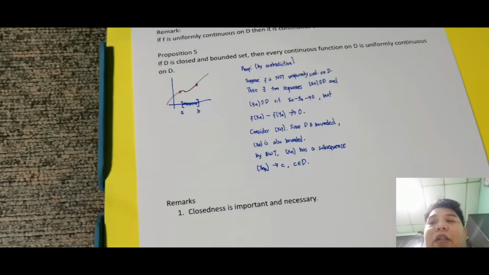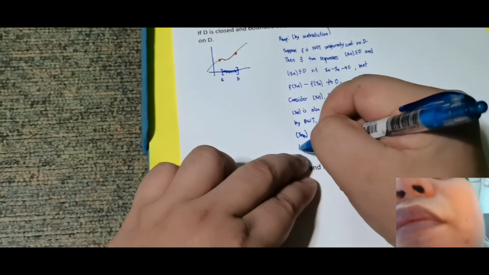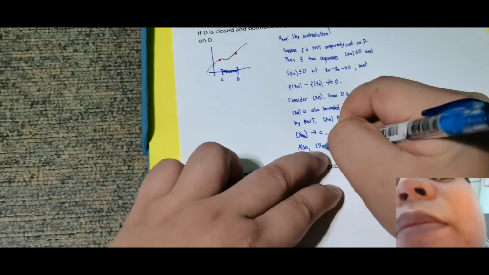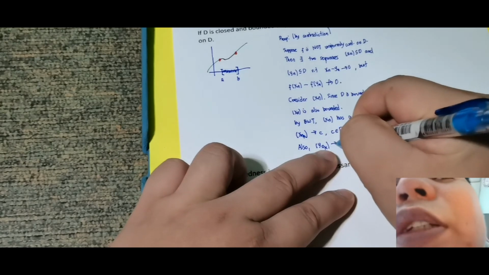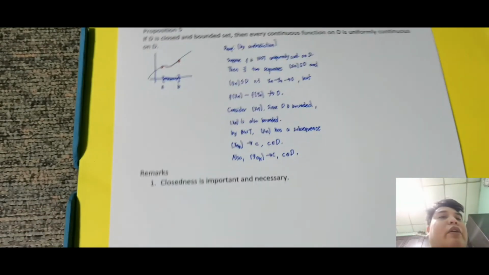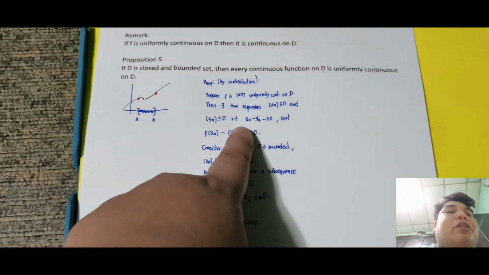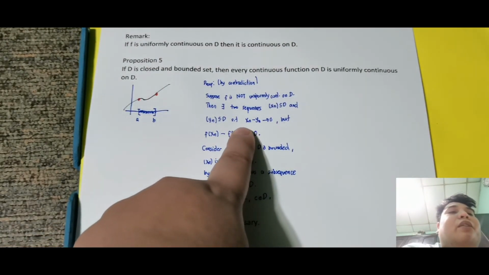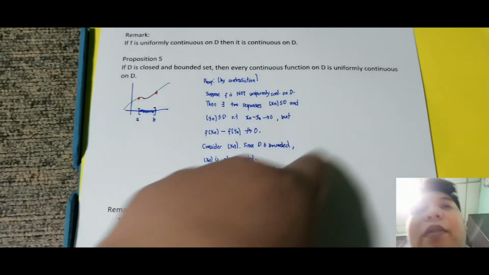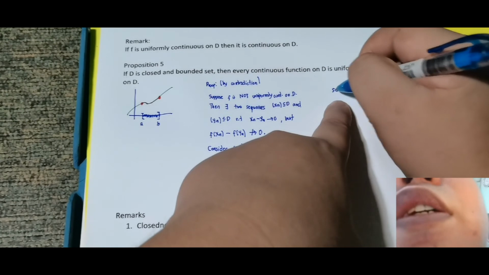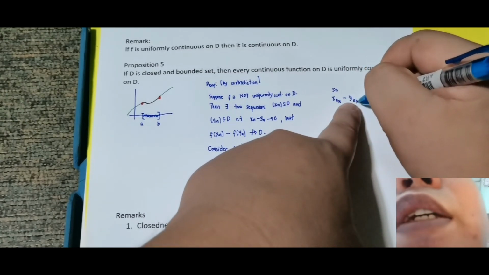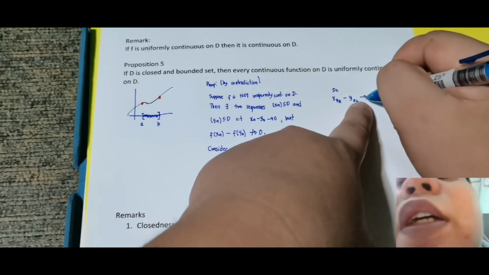So also, by Bolzano, or consequently na lang, y sub n sub k approaches C rin, for C element of D. Okay, ngayon, apply natin yung definition. Since sila ay parehas subsequence ng x sub n at y sub n, yung x sub n sub k minus y sub n sub k approaches 0 pa rin naman.